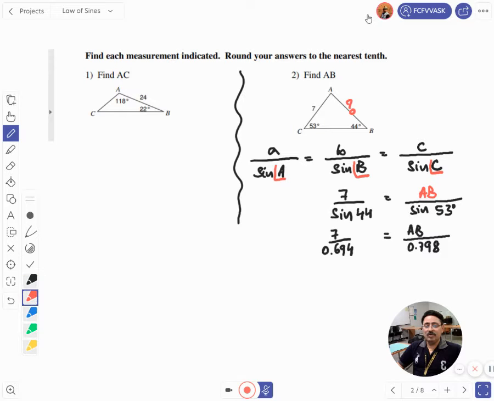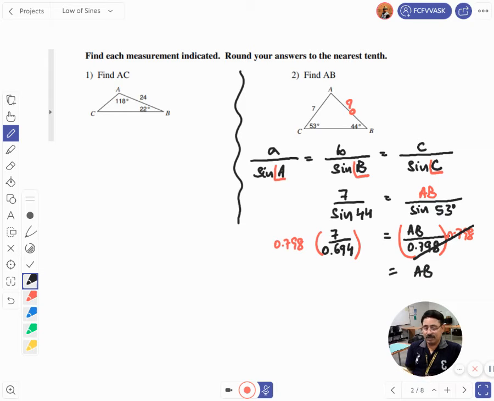Then you know how to cancel this so that you can isolate AB. We go by inverse operation, multiplying by 0.798 on both sides. So these two get cancelled. The length of AB equals, using my calculator again, 7 divided by 0.694.